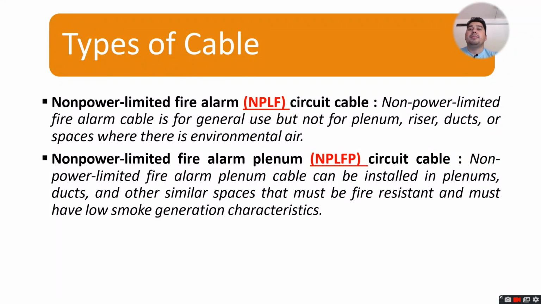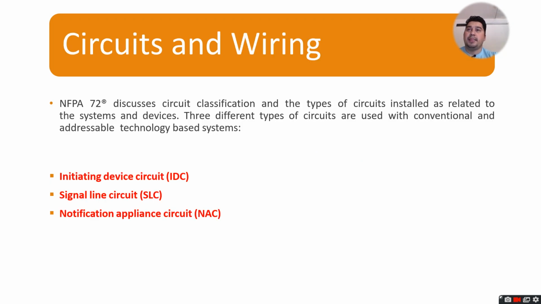Non-power limited fire alarm cable is for general use but not for plenum, risers, ducts, or spaces where there is environmental air. Non-power limited fire alarm plenum circuit cable can be installed in plenums, ducts, and other similar spaces, must be fire resistant, and must have low smoke generation characteristics.